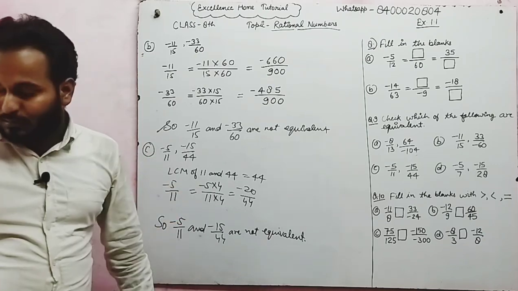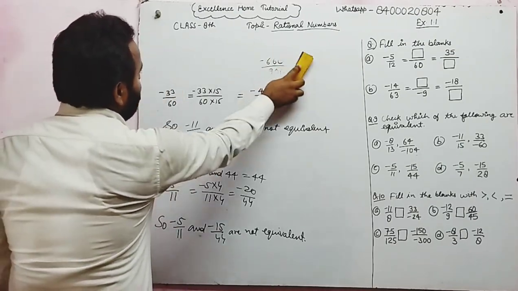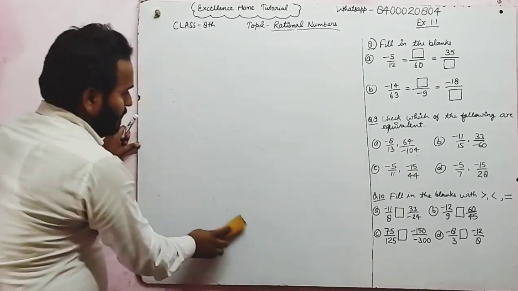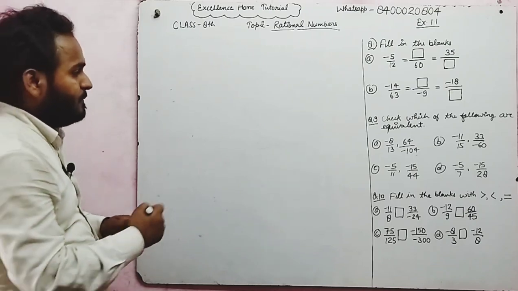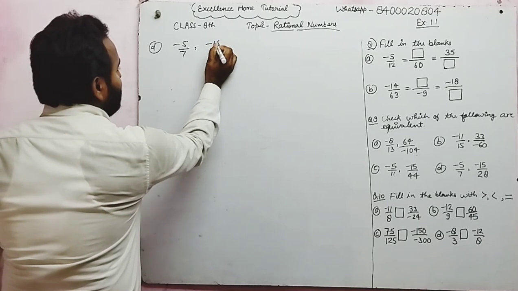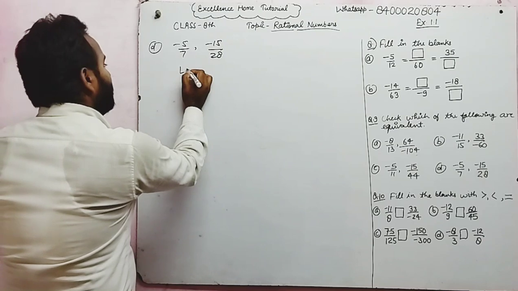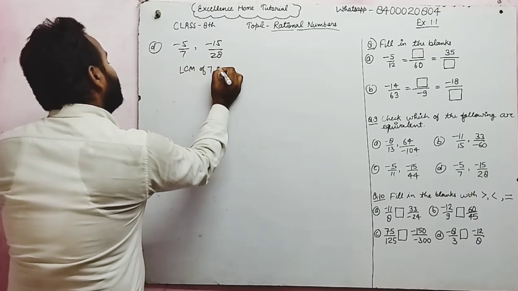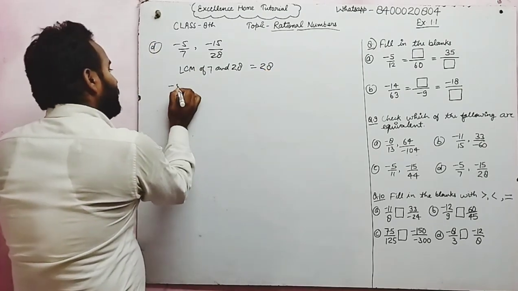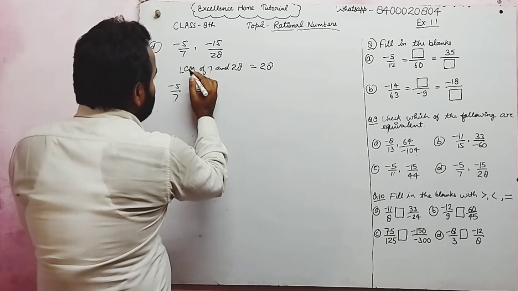So let's move on, section D, which is minus 5 by 7 and minus 15 by 28. Here the LCM of 7 and 28 is 28, and we have to make the denominators equal.